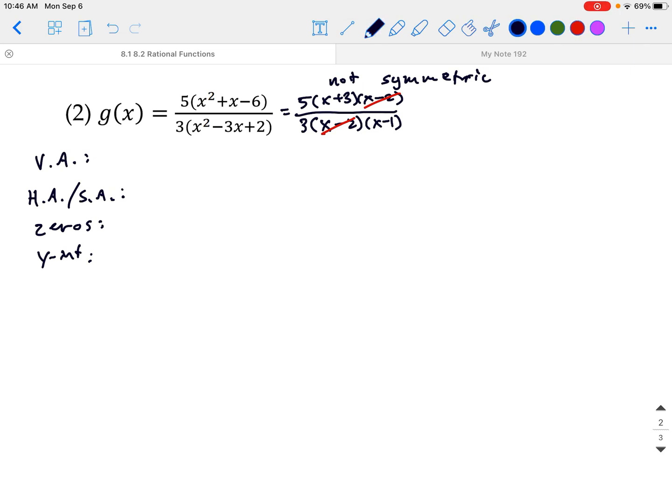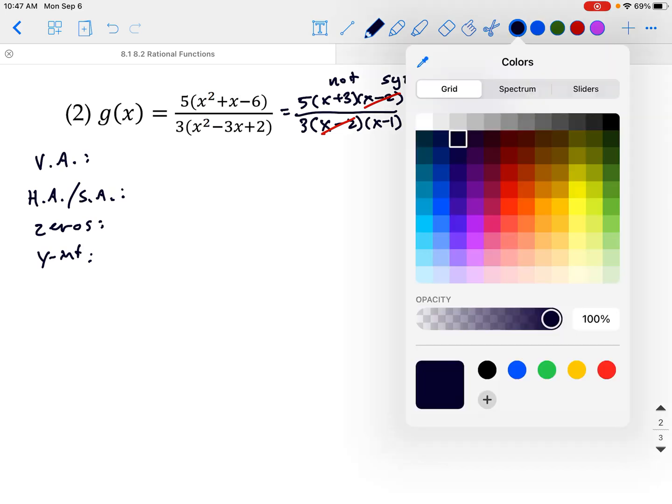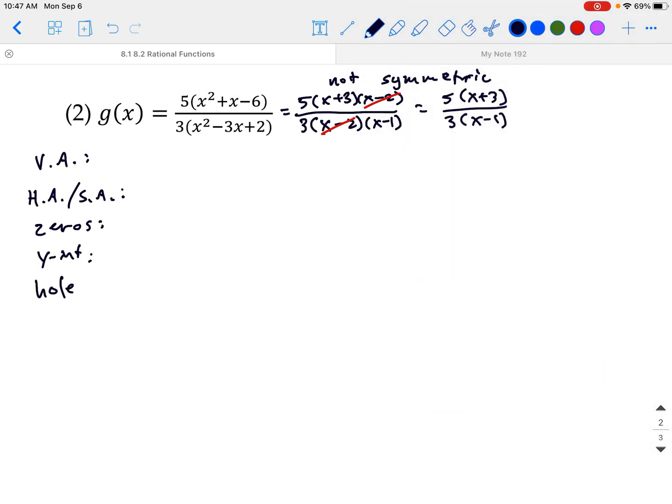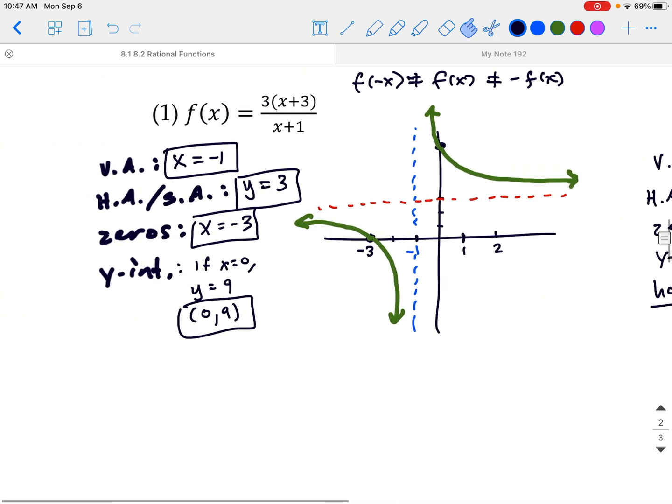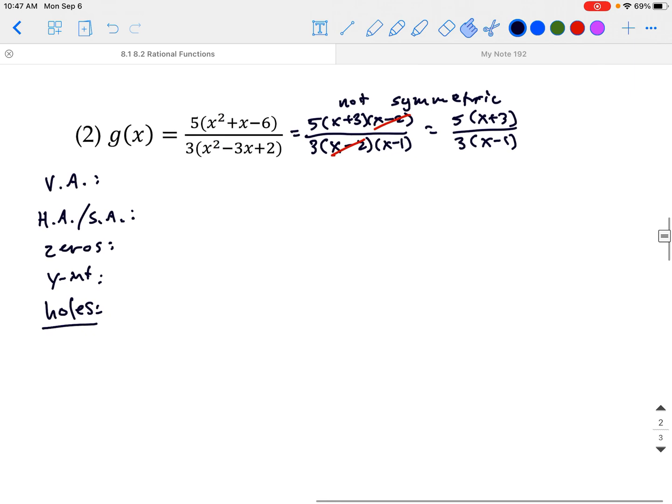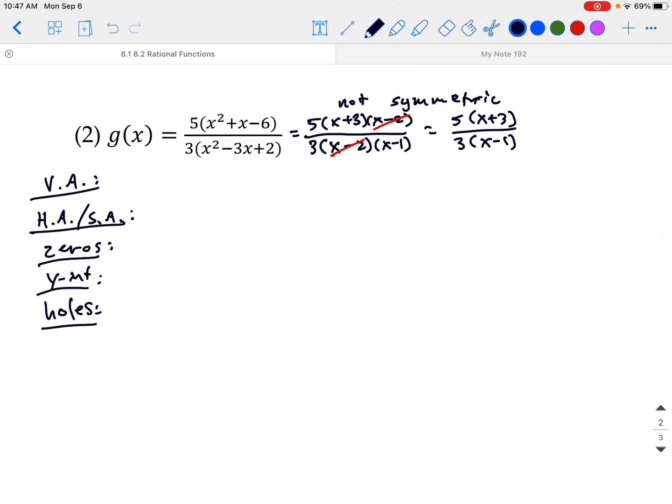And we can see we've got a factor that's going to cancel, which means our graph is going to look like 5 times x plus 3 over 3 times x minus 1. So what we're going to add here is that we're going to have some holes. We probably should have noted over here for holes, there are none. But here we're definitely going to have some holes. So we've got a hole at x equals 2.